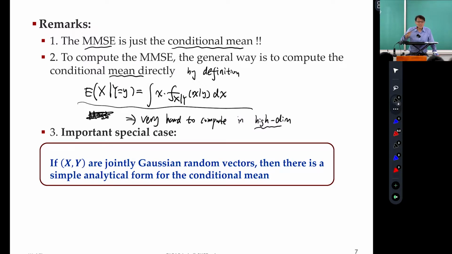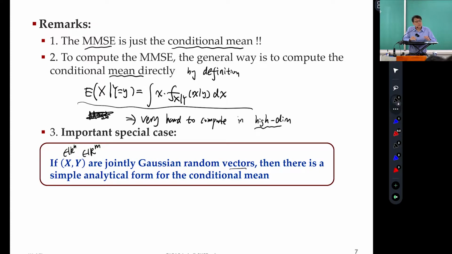There's one exception, which is Gaussian. That's why Gaussian random vector is so important. If X and Y are jointly Gaussian random vectors, Gaussian is not a variable now, it's a vector, okay? This could be R^n, this could be R^m. If they're joint Gaussian random vectors, I'm going to define what joint Gaussian means, then there is a simple analytical form for the conditional expectation.